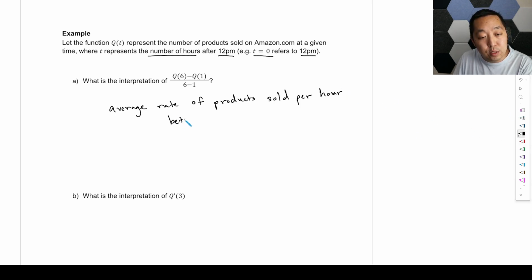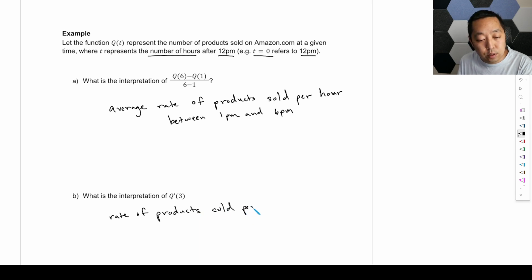Between what times? T equals 1 would be 1 p.m. T equals 6 would be 6 p.m. So between 1 p.m. and 6 p.m. Okay. What's the interpretation of Q prime of 3? It is the rate of products sold at that particular time, sold per hour at 3 p.m. Okay, so this is at a particular time.